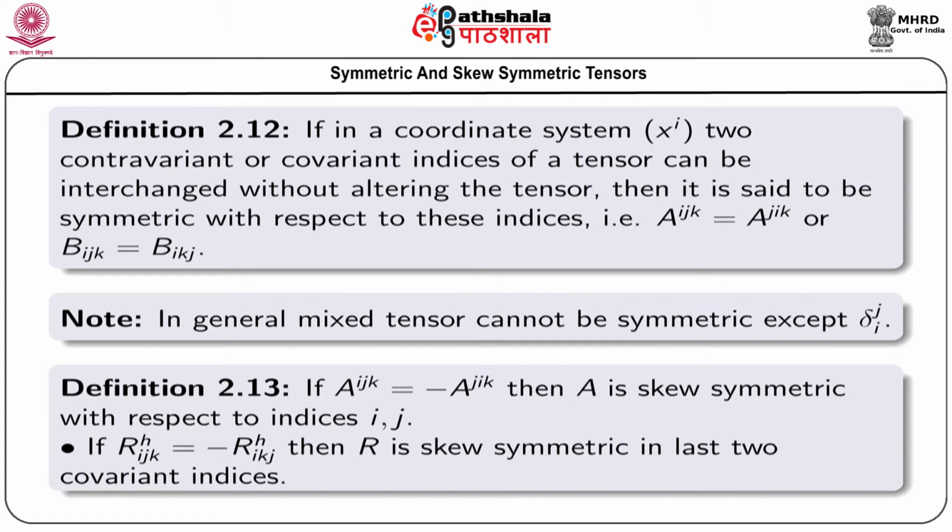Here is an example: the curvature tensor R, which will come up later on, satisfies Rhijk equals minus Rhikj, then R is skew symmetric in the last two covariant indices. That means when Rhijk has jk converted into kj, a negative sign comes out.